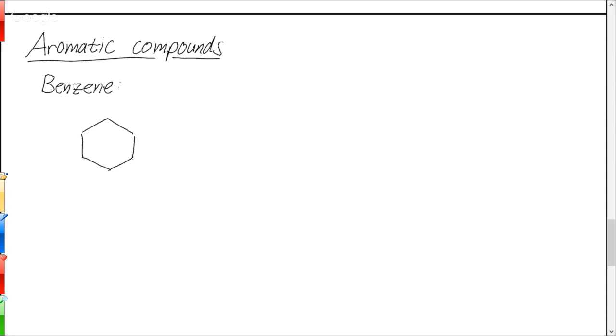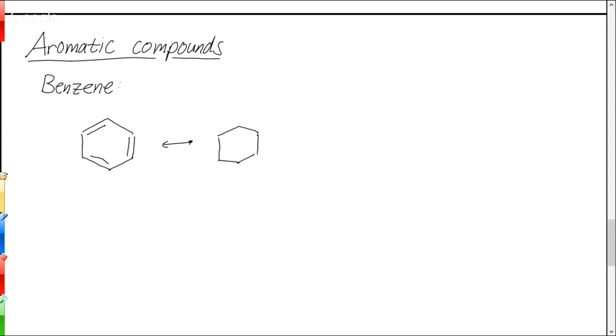Which is kind of like cyclohexane, but then with double bonds alternating throughout the ring. Like that. The reason that it's so special, and one of the things about benzene, is there's actually two ways you can write it that are technically isomers, but, well, they aren't.